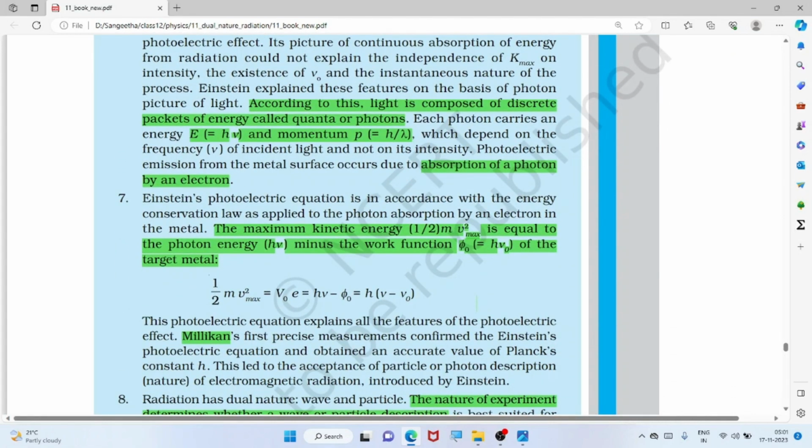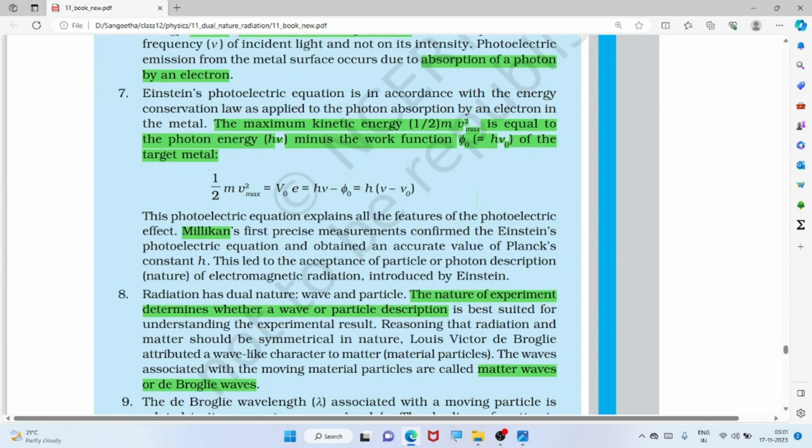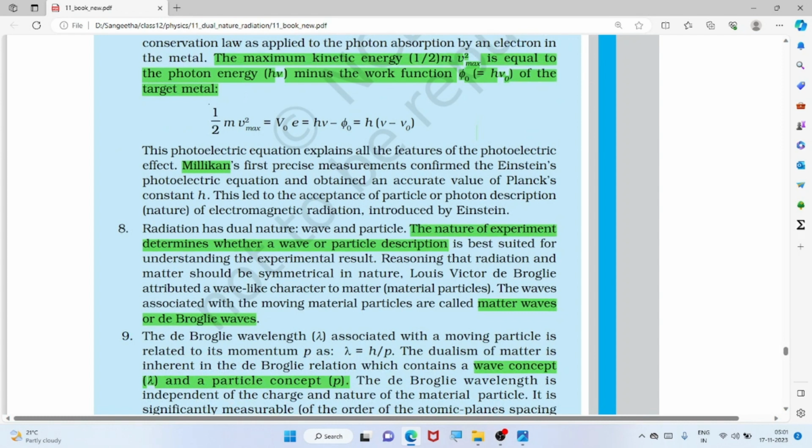Photon, what is a photon and the energy of the photon? So this is the equation: kinetic energy of the electron, how it is related to the stopping potential, how it is related to the threshold frequency.